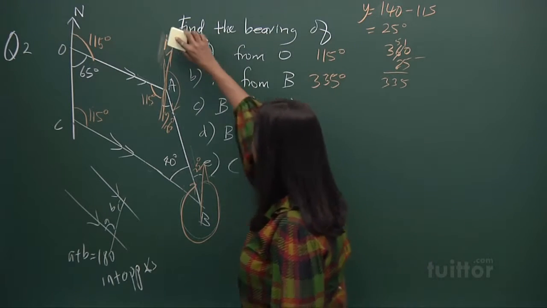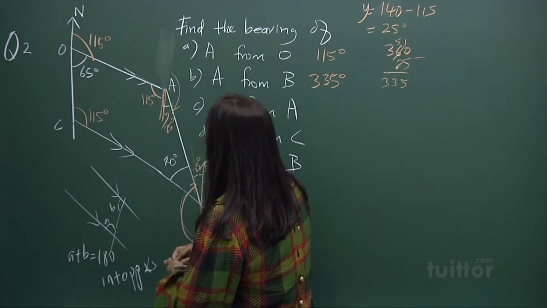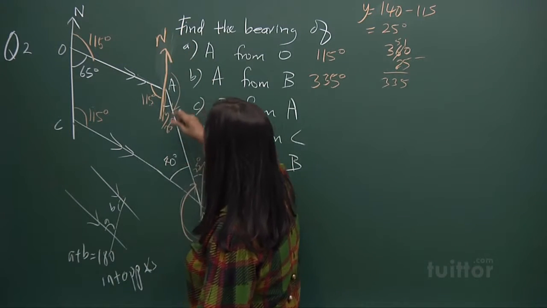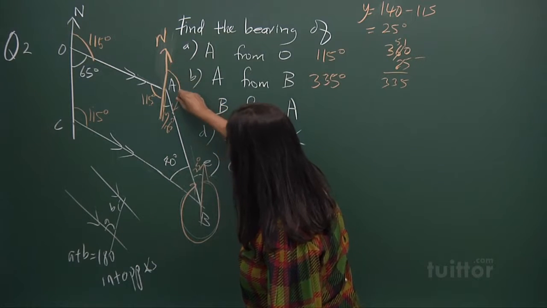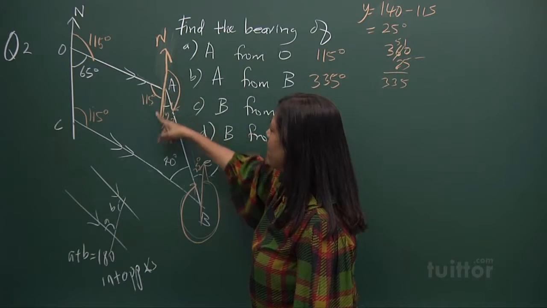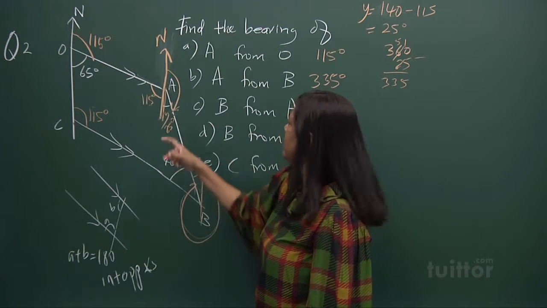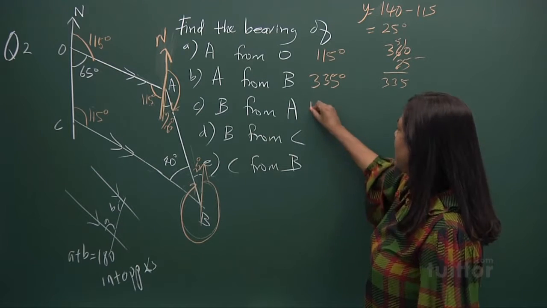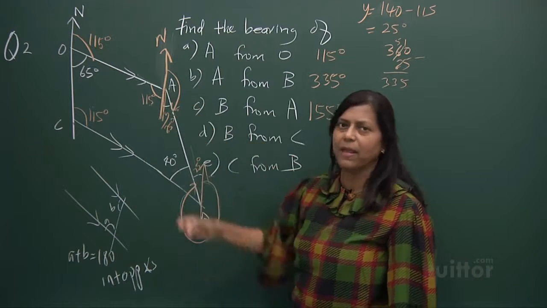Now, I'm not very happy with my messy diagram here. I'm going to erase this to show you this is north. Alright? So the bearing of B from A is this. Always from your north. If this is a straight line, the whole angle is 180. 180 minus 25, you get 155 degrees. The bearing of B from A.